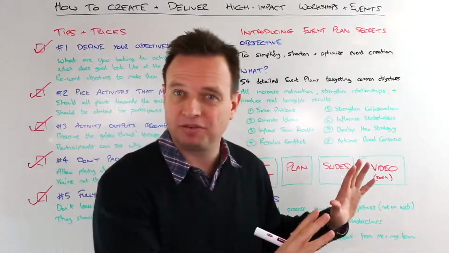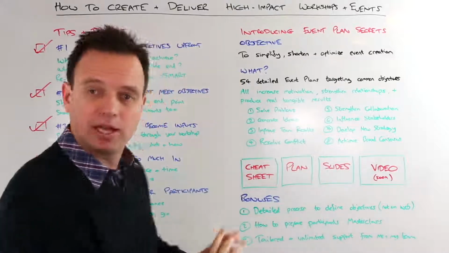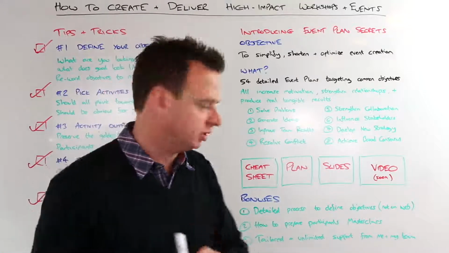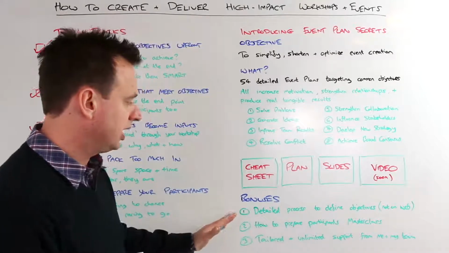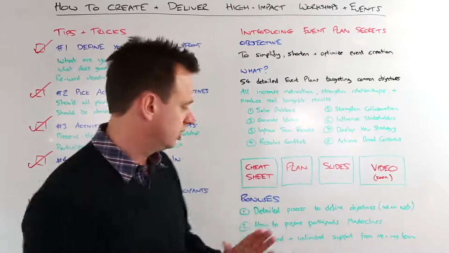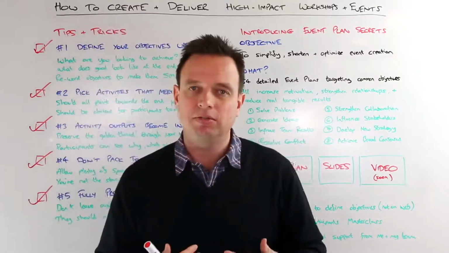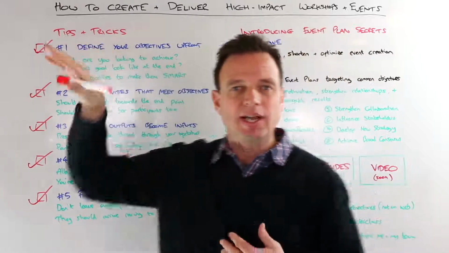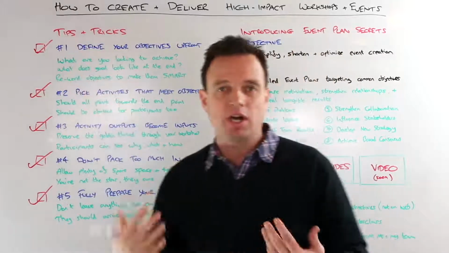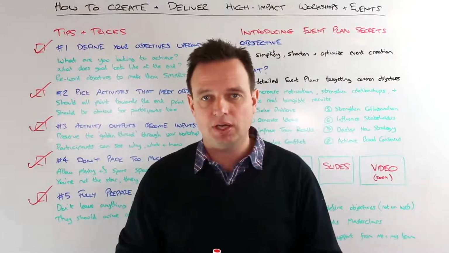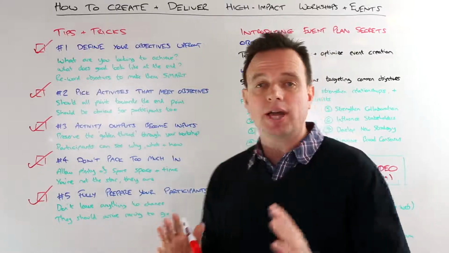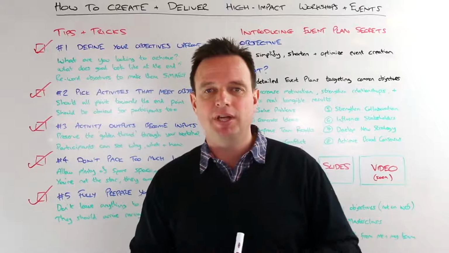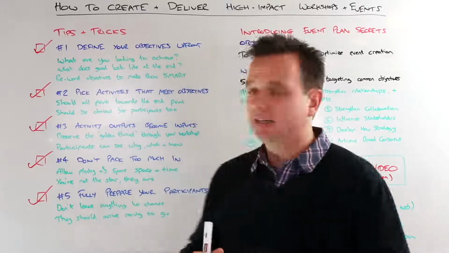So that's the 54 different event plans, and at the moment there are also 3 bonuses that you get access to. So I'm going to give you my detailed process on how I go about defining objectives. I use a particular process called Think, Feel, Say, Do that actually isn't on Workshop Bank at the moment. I might add it at some point, but I haven't had the time yet.